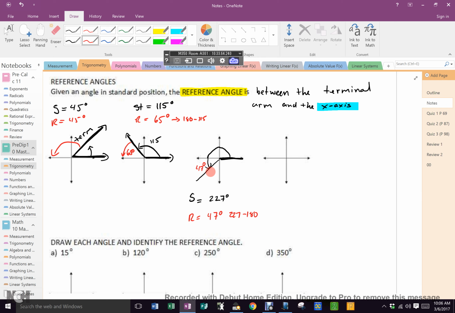Is everybody good? Okay, so now I'm really going to mess with your head. Your standard position angle is negative 78 degrees.